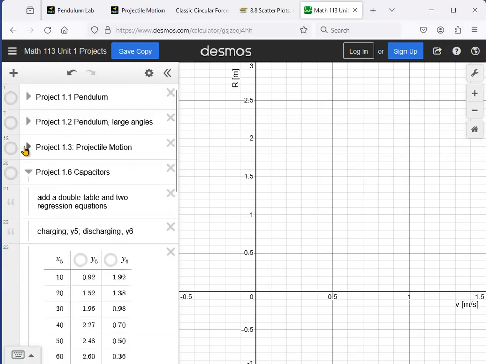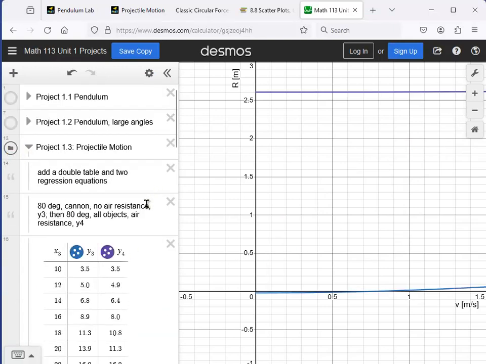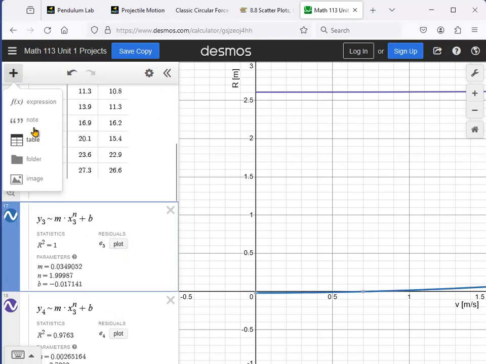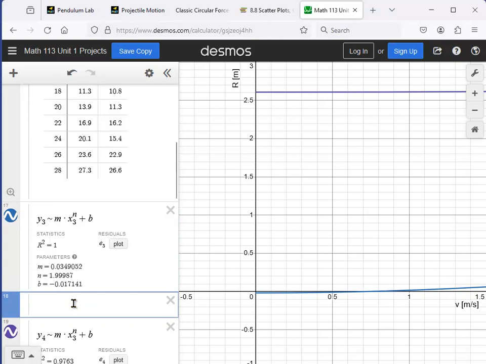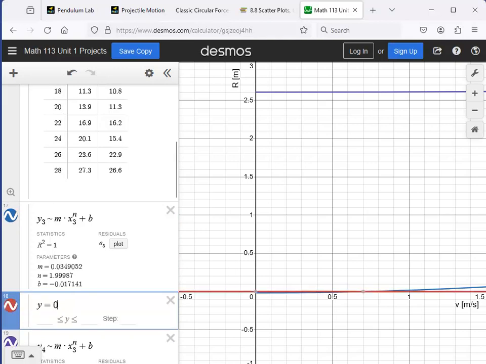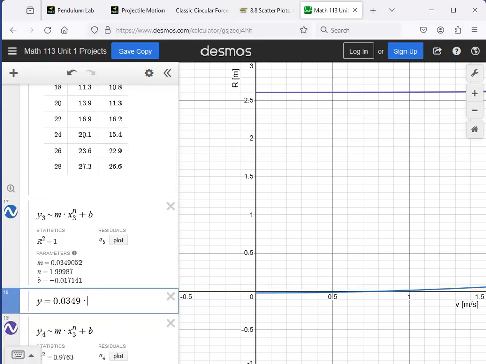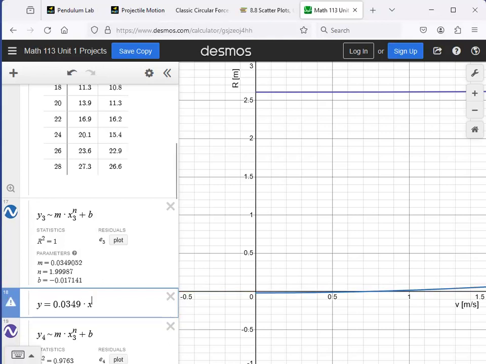so I'm going to skip the large angles because it's basically the same. So if I put this one here, put the expression in, I'm going to have y equals, going to look at the parameters. So the m is the 0.0349, there we go, times x to the, in this case it's around a 2, so x squared, there we go.